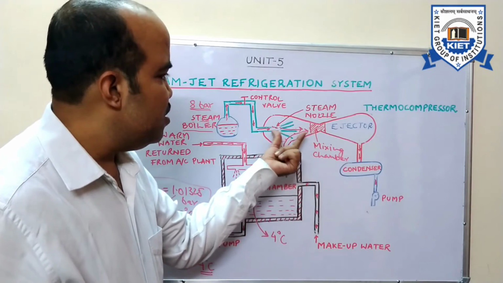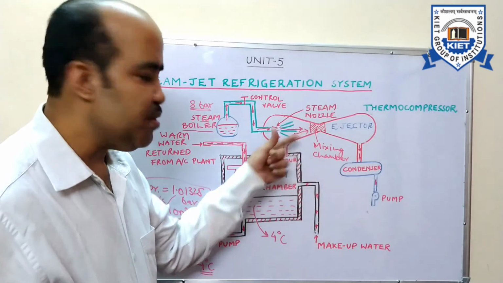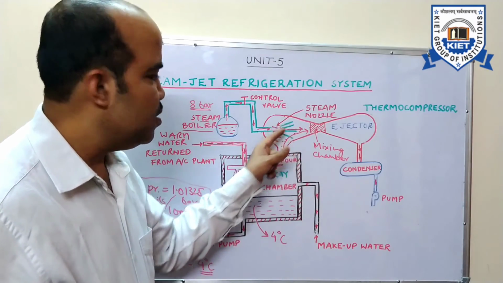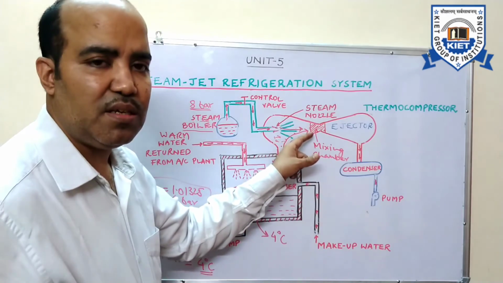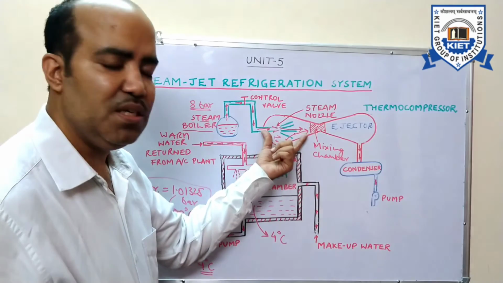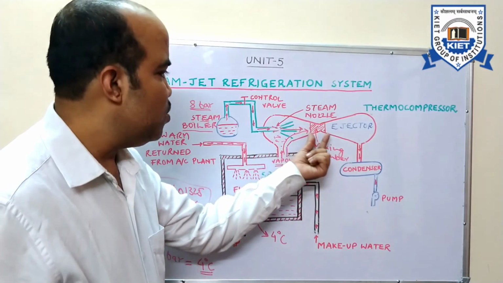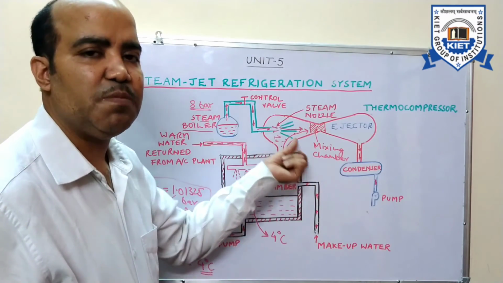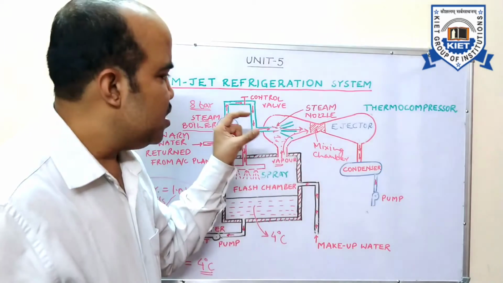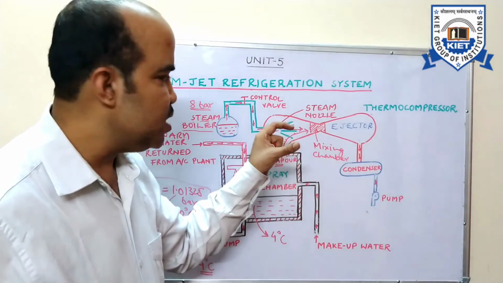The first part is where you have the steam coming out of the nozzle and the vapor entering; this is called the suction chamber in an ejector. The part where the mixing of steam with the vapor takes place is called the mixing chamber.